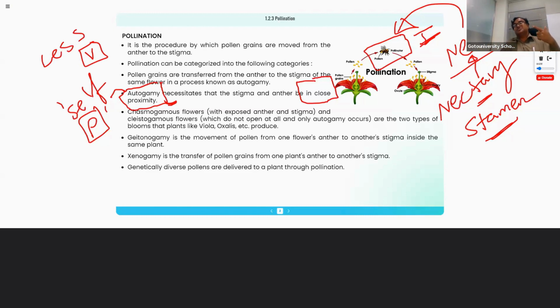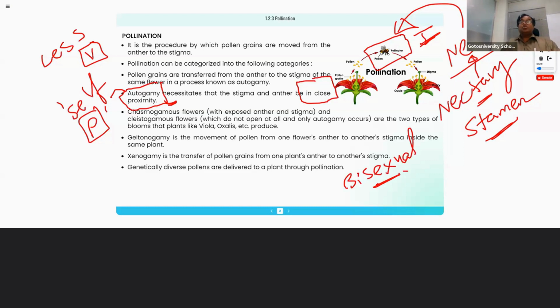Date plants are not bisexual, they are unisexual plants. The male date plant is separate, the female date plant is separate, unlike our China rose hibiscus, which is a bisexual flower.